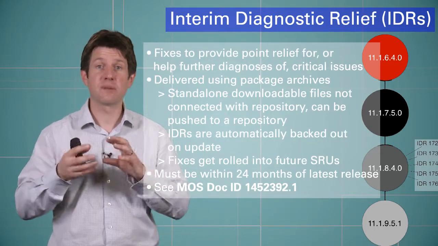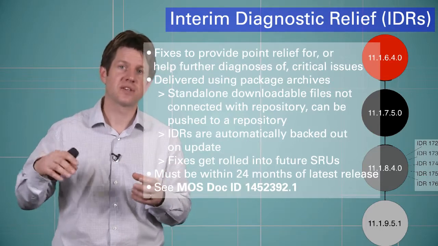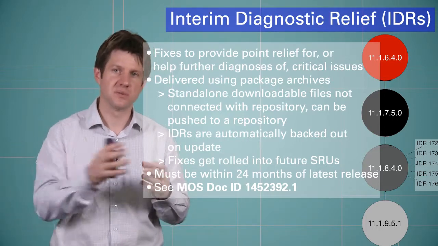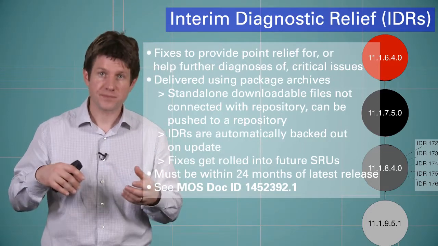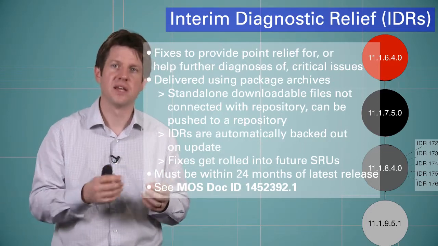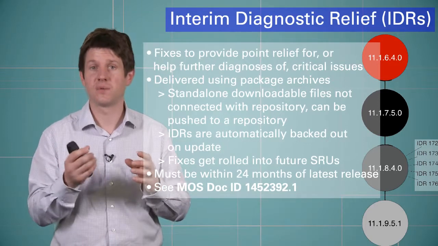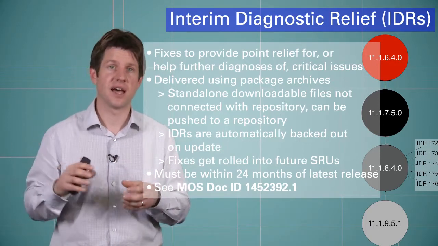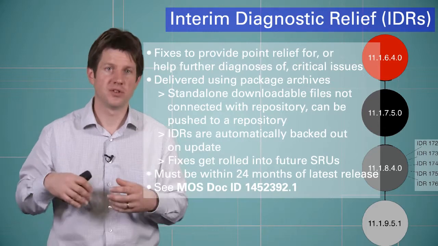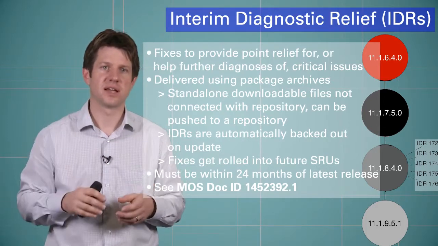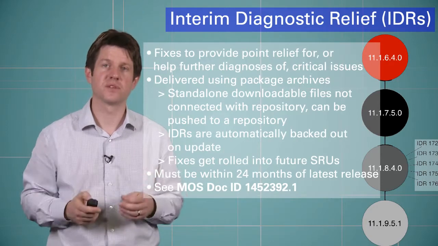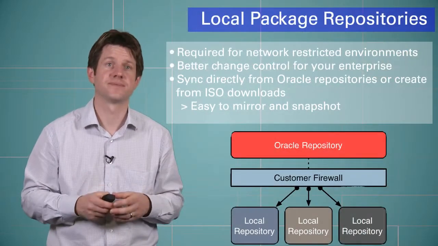This allows it to be a little bit more flexible in terms of not having to update package repositories. We can actually deliver them directly as a single file. And the nice thing is you can apply these when a new SRU comes along that has included this fix, for example. Doing a package update will automatically back out this IDR and update to your latest SRU. And again, we've got some great documentation that covers this.